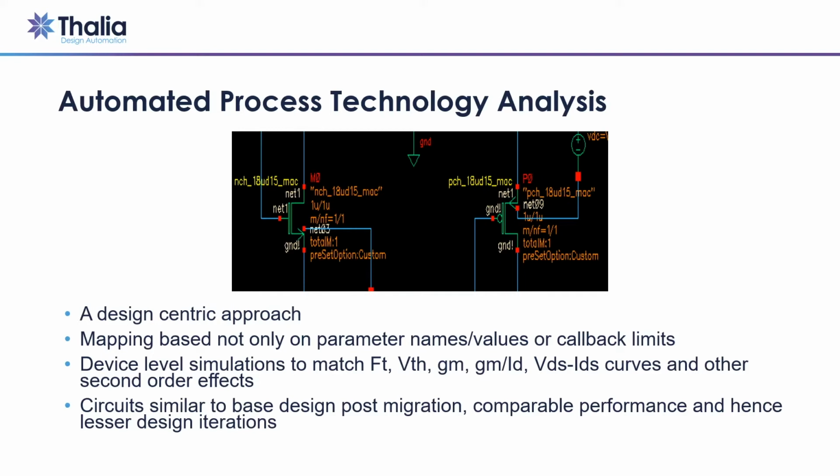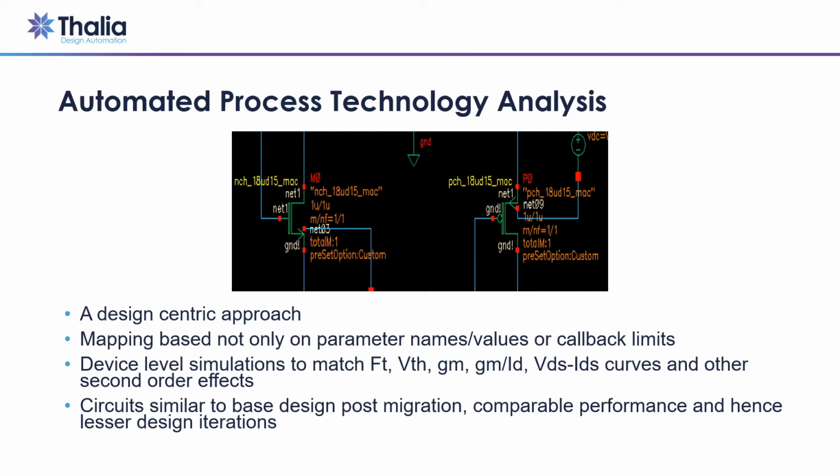So ours is a very design-based approach. When devices are mapped between one technology or node to another, it is not based on just the number of terminals. It is actually a lot more design-centric in the sense that device-based simulations are triggered, using the methodology we have developed in-house.